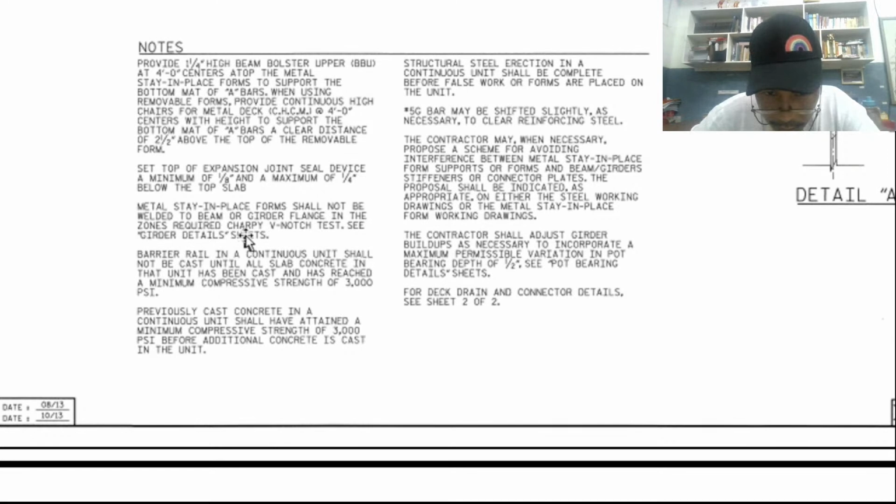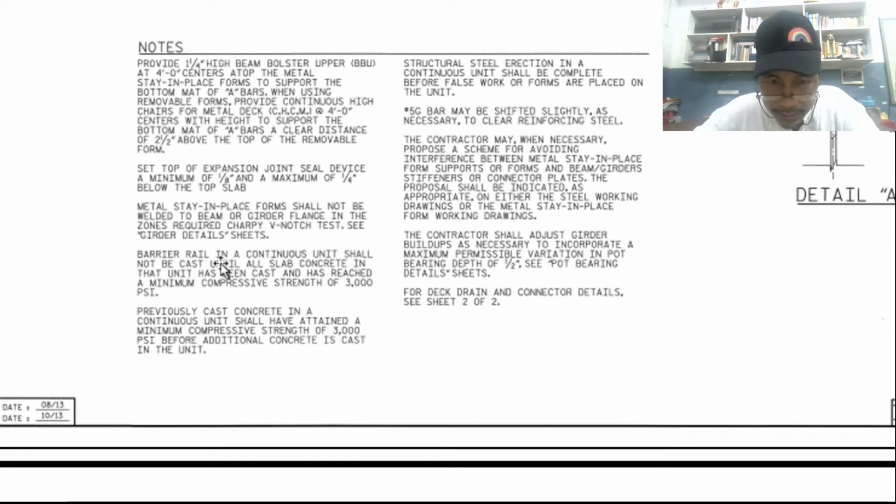Take note, this test is for hardness test. See girder detail sheet. So there is an instruction that the metal forms must not be welded to either the girder or the beam.